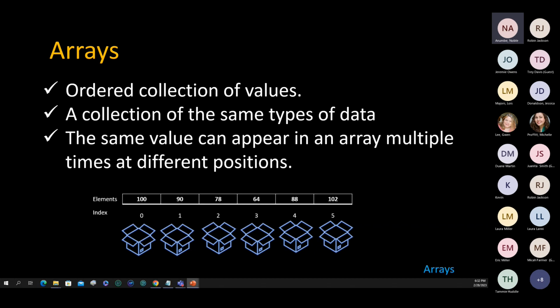The same value can appear in an array multiple times at different locations, different positions. What exactly does that mean? It means I have these elements 1, 2, 3, 4, 5, 6, and I can have 100 repeat 4 or 5 times here.